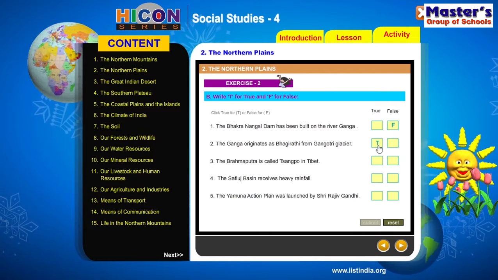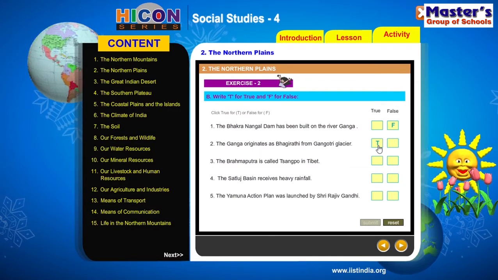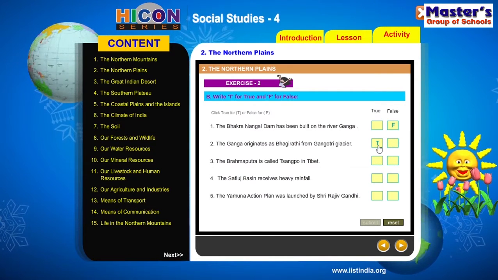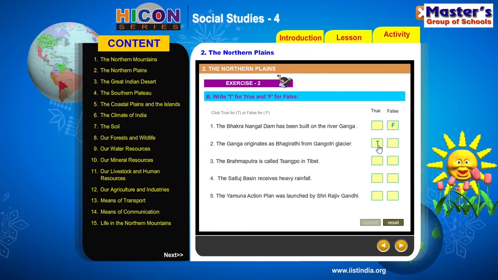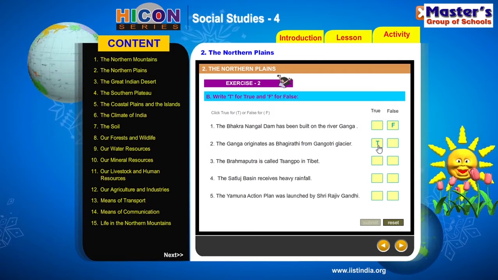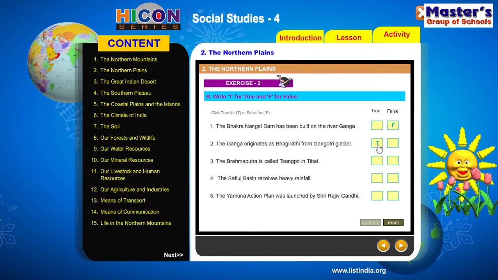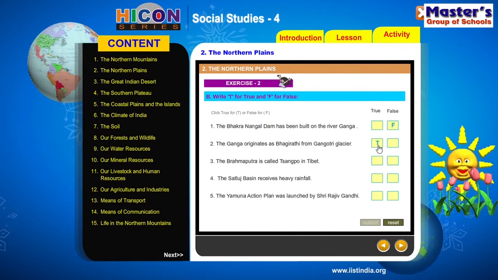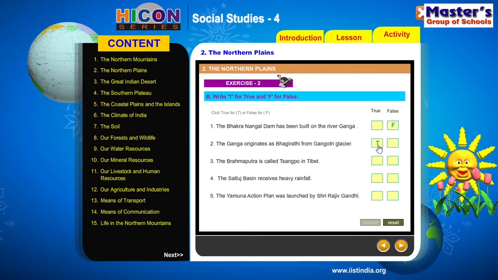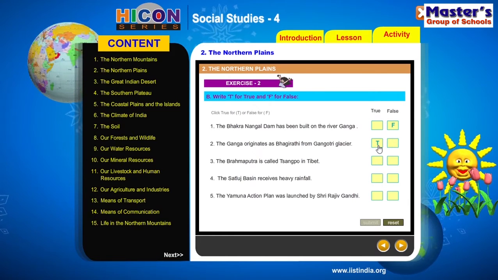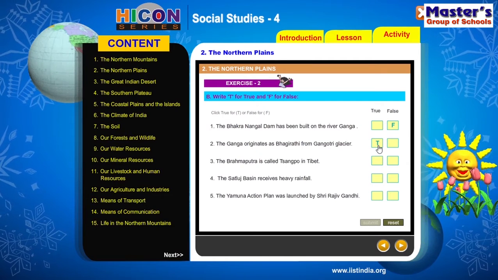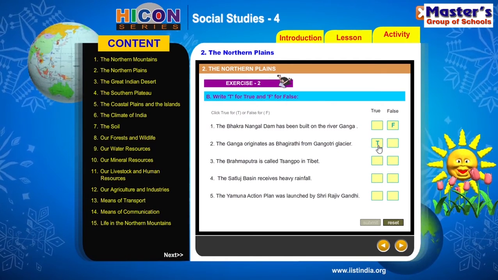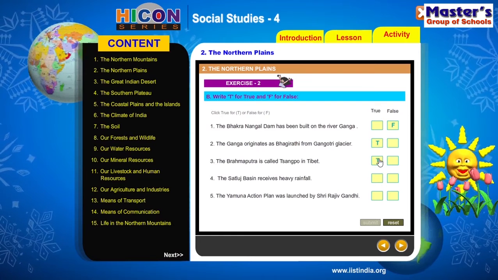Third one, the Brahmaputra is called Zangpo in Tibet. Yes, it's true, because river Brahmaputra originates on the northern side of the Himalayas, on the other side of the Himalayas in Tibet, right? From there it flows eastwards, and throughout Tibet, the river Brahmaputra is called Zangpo, right? So we mark this sentence as true.